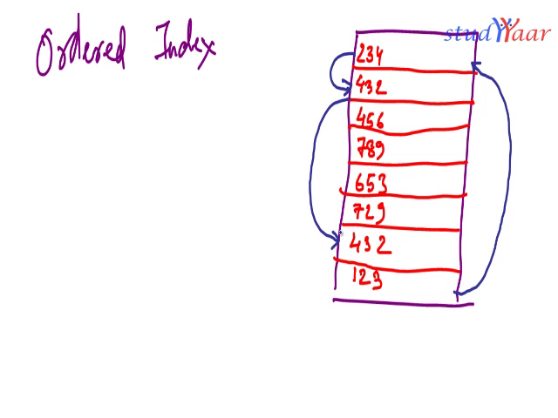Then 432 would next go to 456. 456 now would go to 653. 653 goes to 729, and finally 729 goes to 789, and 789, let's suppose, is the last entry, so it is null.